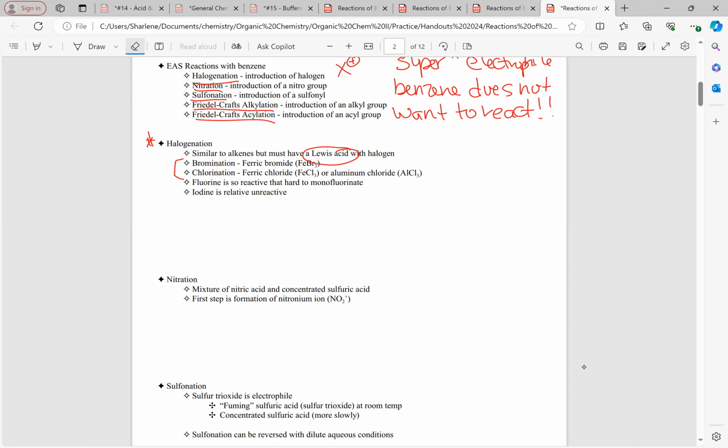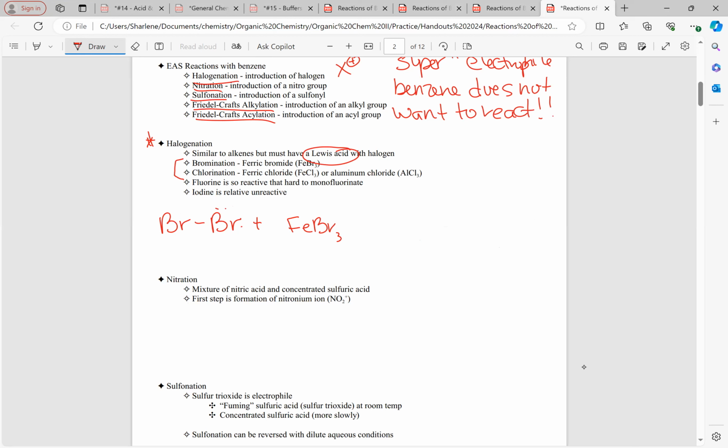Okay, so in each case, the benzene is not very reactive, and we're going to have to tempt it with these super electrophiles. So if we're doing halogenation, and I will just do bromine to start with, we would have the diatomic halogen, either chlorine or bromine, and then you have to have a Lewis acid. I'll draw the iron first. FeBr3.